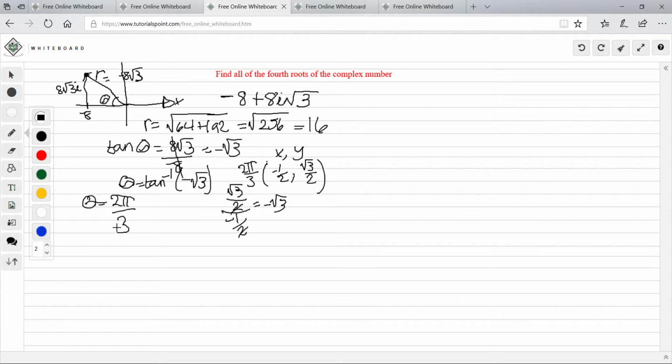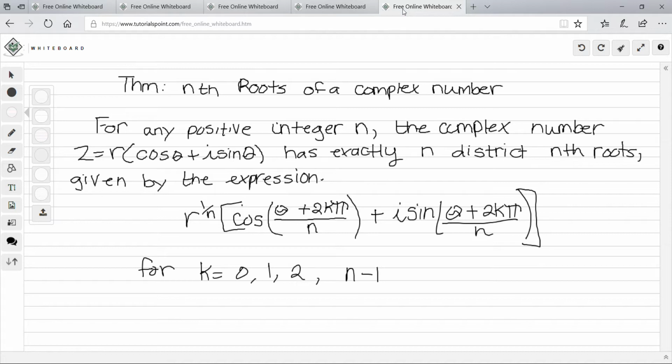Okay, what else do we have to do? Now we're going to use the fourth roots theorem, which is this one. It's r to the 1 over n times cosine and all of that stuff, for k equals 0, 1, 2, up to n minus 1.